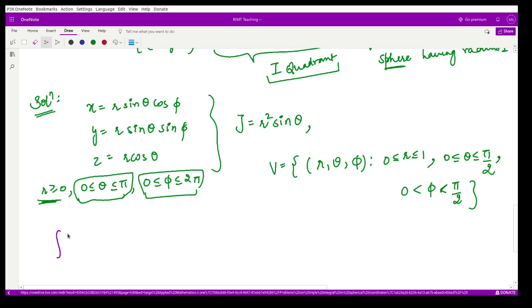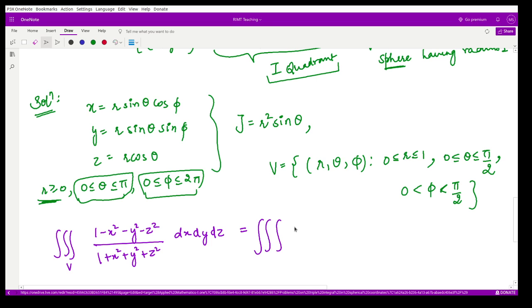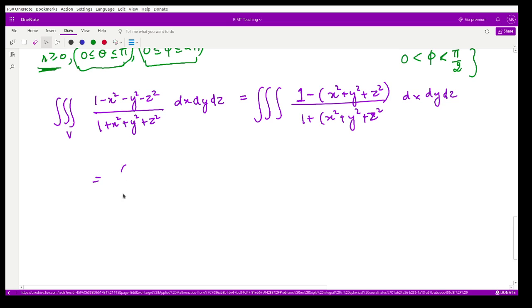Therefore our integral over V of 1 minus x square minus y square minus z square divided by 1 plus x square plus y square plus z square dx dy dz is equal to the region where instead of the Cartesian coordinates, if you take the negative sign common, you can write this to be x square plus y square plus z square divided by, again, x square plus y square plus z square, dx dy dz, and then you could change it into the corresponding spherical polar coordinates.